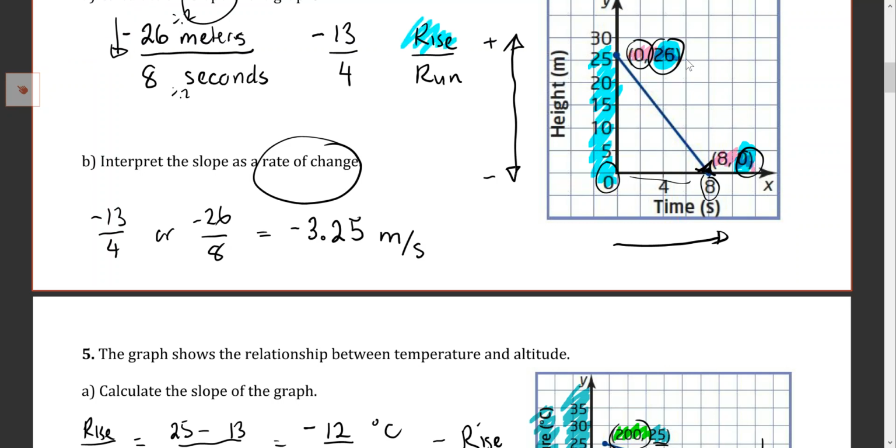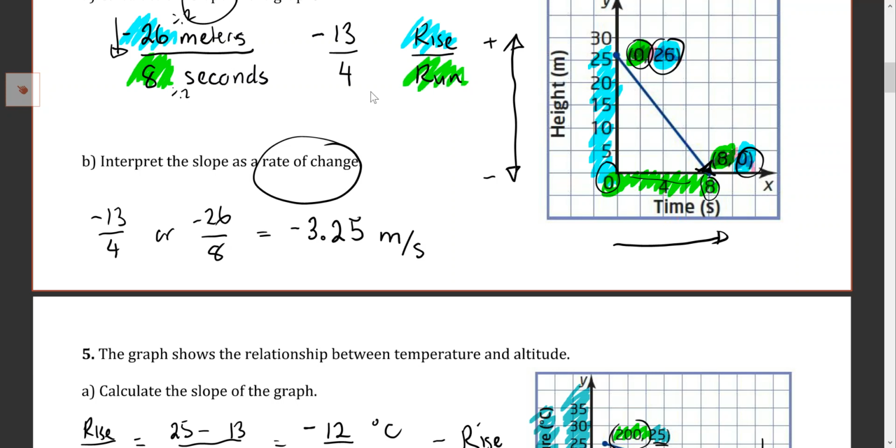So from 26 down to 0 is minus 26. Then the run here, we go from 0, there's no 0, like you were saying, Alistair, just put the 0 in the corner for both of them. But we go from the 0 to the 8. And that's the run.